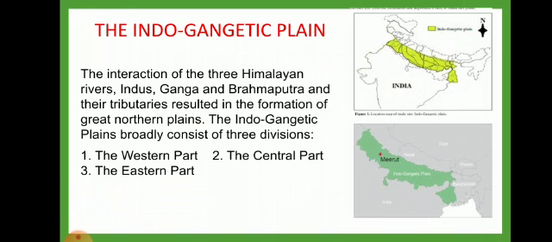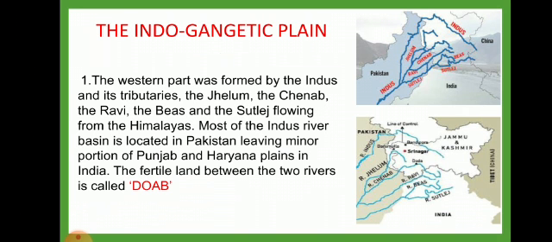The Indo-Gangetic Plain broadly consists of three divisions: the western part, the central part and the eastern part, as you can see in the map. First, the western part was formed by the Indus and its tributaries, the Jhelum, the Chenab, the Ravi, the Beas and the Satluj, flowing from the Himalayas.